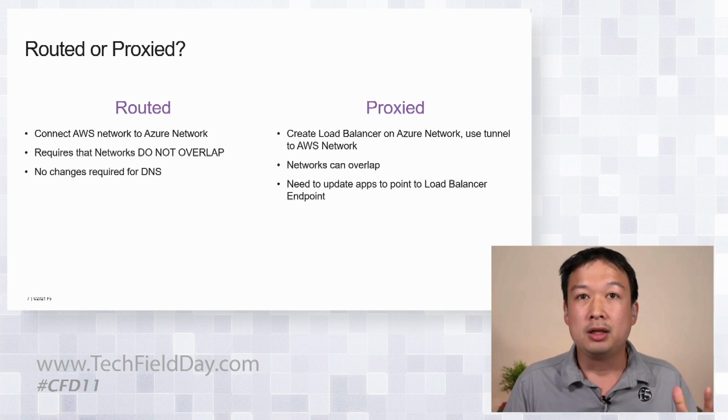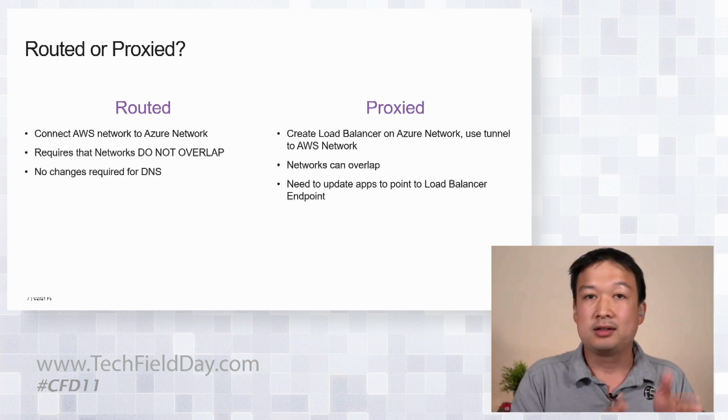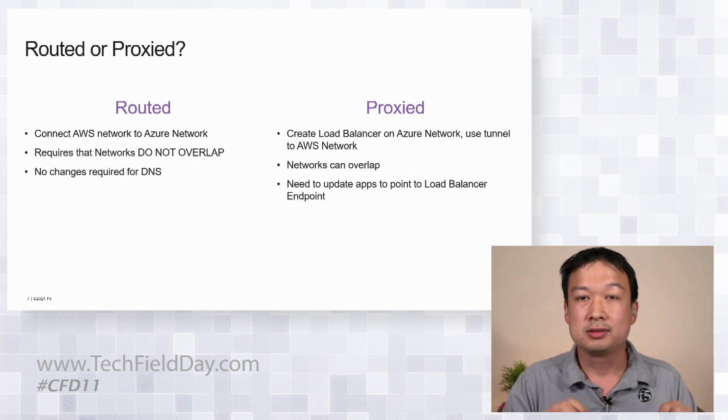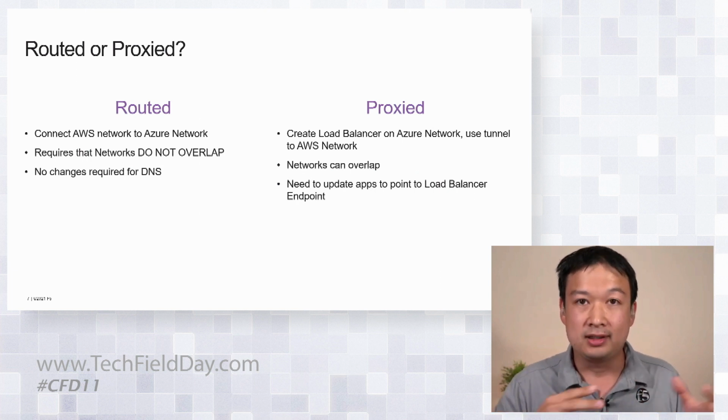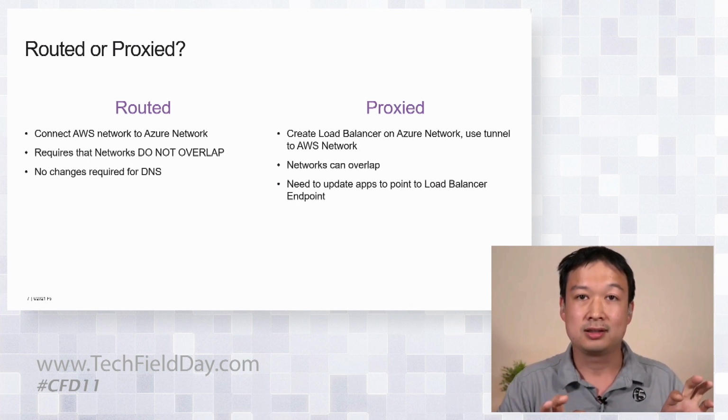That's where Volterra can handle both of these use cases. It can manage the routing connection of building up that tunnel and give you the option of whether you want to have these networks completely connected together.